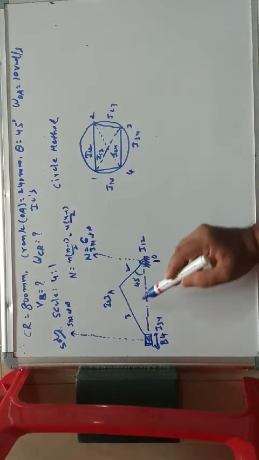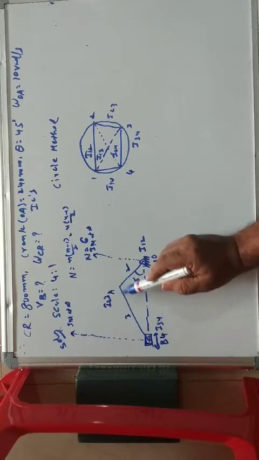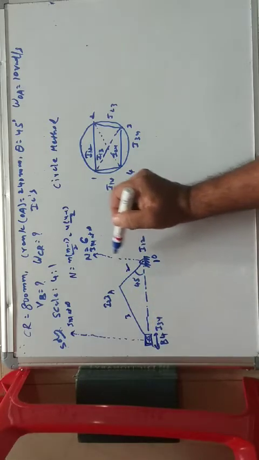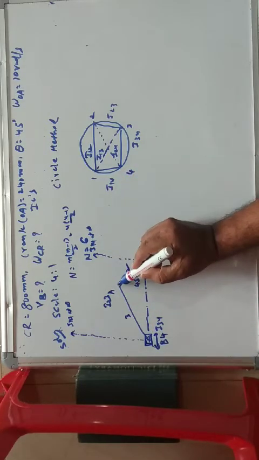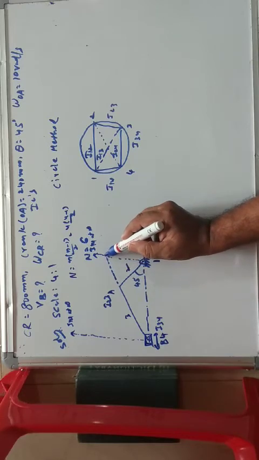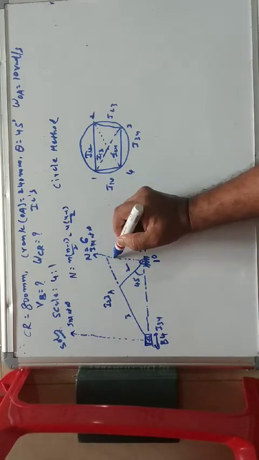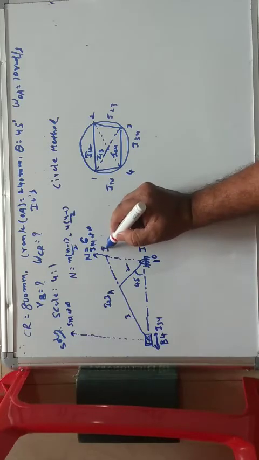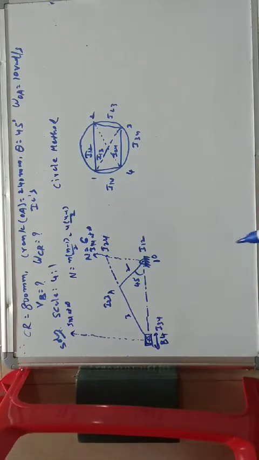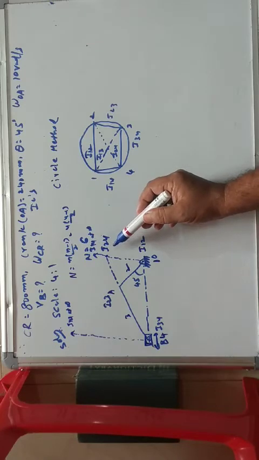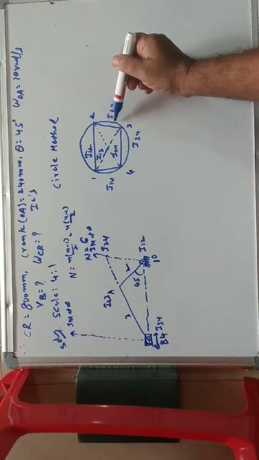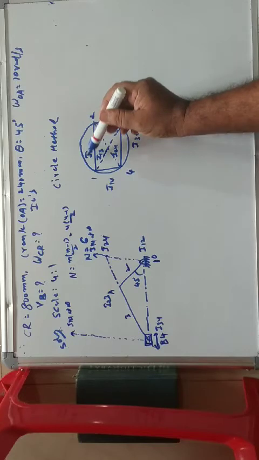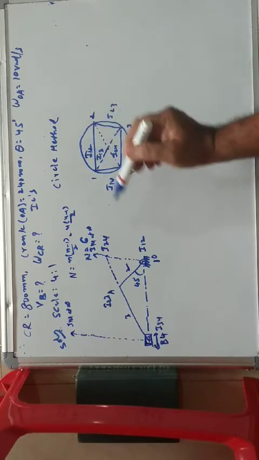So if you extend 2, 3, 3, 4, it will meet 1, 4, 1, 2 at a point, right? This point is which one? I24. How are we going to get the point I24? I24 is nothing but the 2, 3, 3, 4 extension and 1, 4, 1, 2 extension, right?